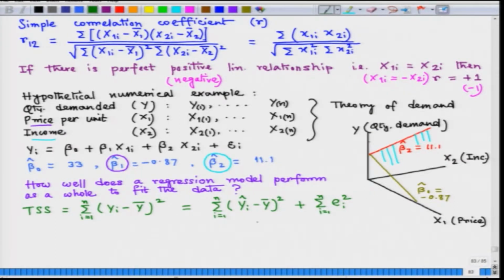And the first component is called the explained sum of squares, and the second component is known as the residual sum of squares, right. Okay. Then the overall fit of the estimated regression model is given by a concept called coefficient of determination.